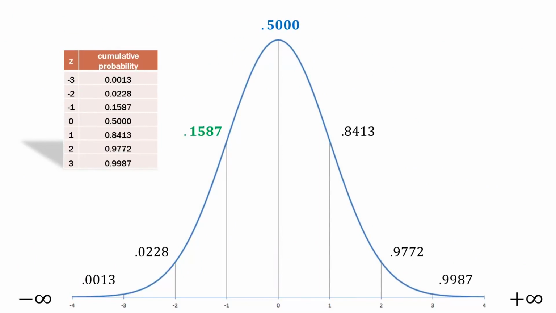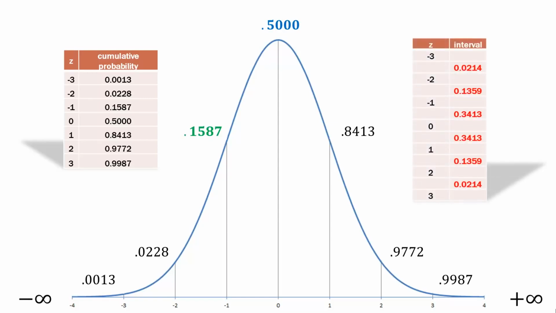Now, what if we want to find the area of the interval between each section? So we found the cumulative up to each point. Now we want to find the probability between each section. Well, that's just simple subtraction. So if we want to find the area sort of in each vertical section here, we just subtract the higher one minus the lower one.